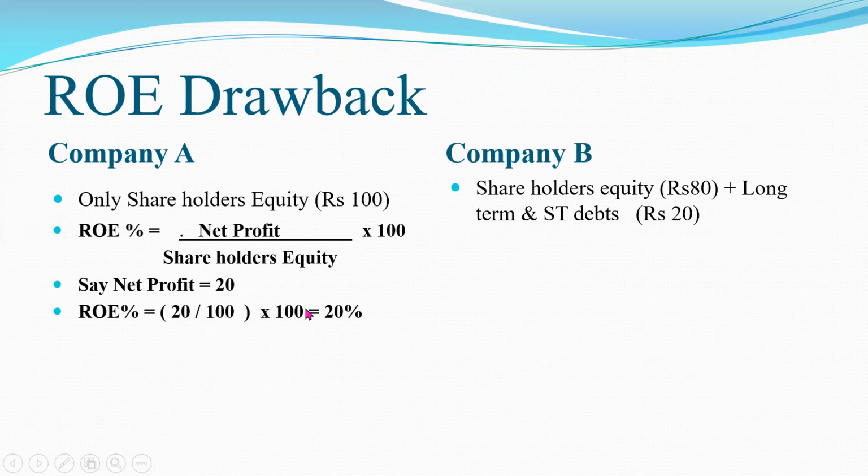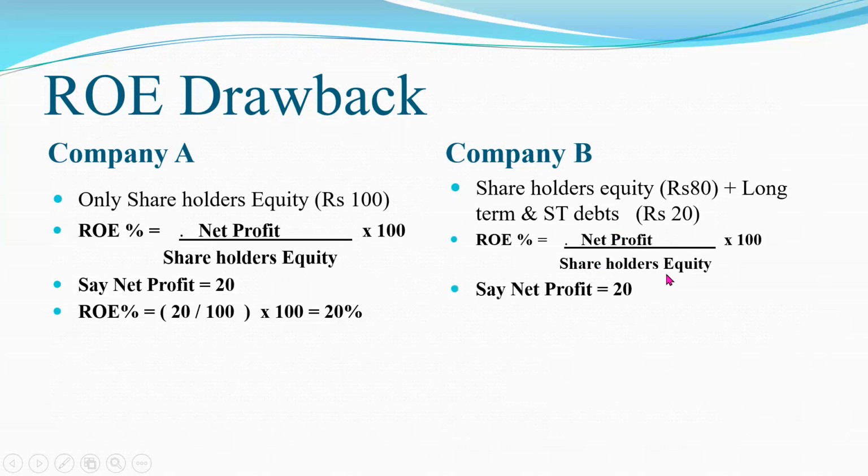So 20 upon 100 into 100, that will be giving me ROE of 20%. Now, instead of 100 equity, the shareholder puts 80 and takes a long-term and short-term debt of rupees 20. So what will be my ROE? Net profit divided by shareholders equity. Now shareholders equity is only 80 because he has taken a debt.